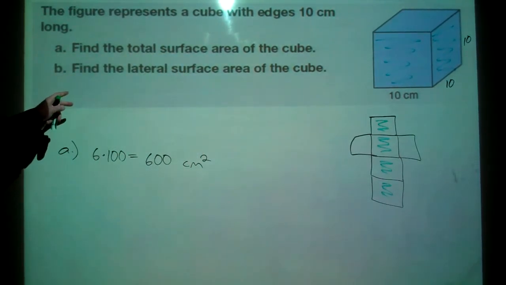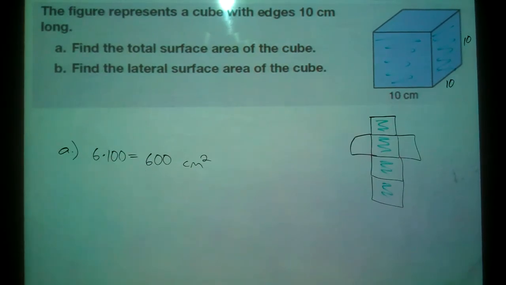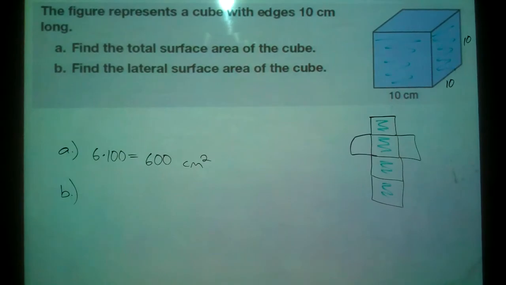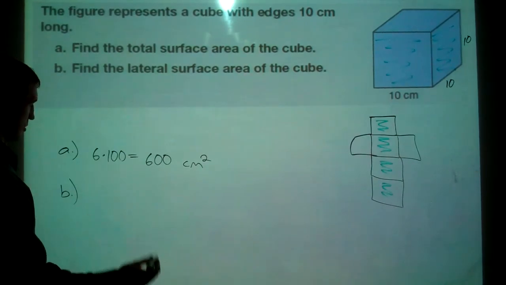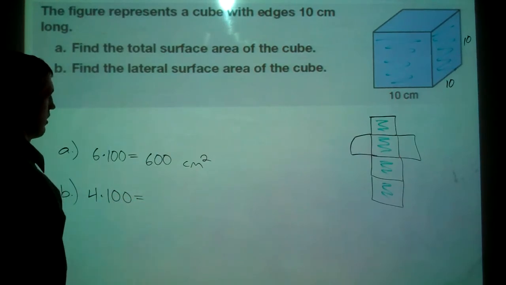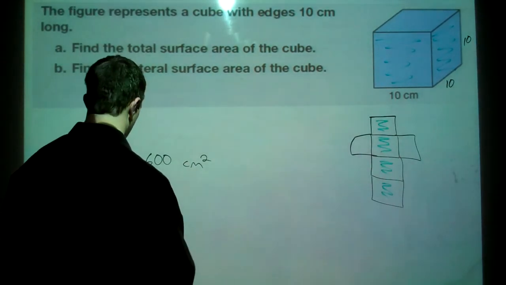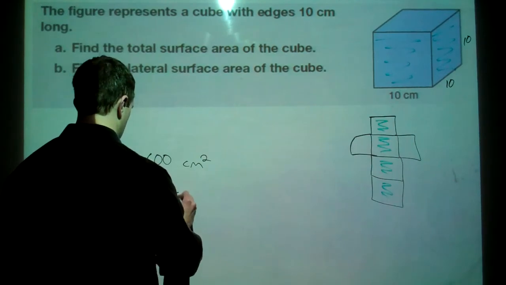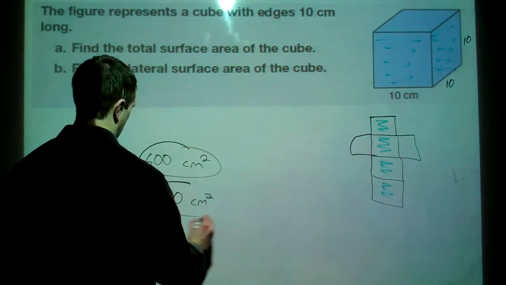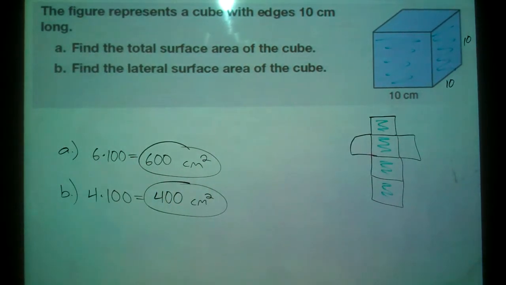One is on the left side there, and one is in the back. But we're looking for those areas, that's how they match up. So we have 4 of those squares. And remember, we found out one of the areas of the square was 100 centimeters squared, so we'll multiply it by 4 this time, because we only have 4 squares that we want for the lateral surface area. And we'll get 400 centimeters squared. So that's our A, that's our B right there. Okay?